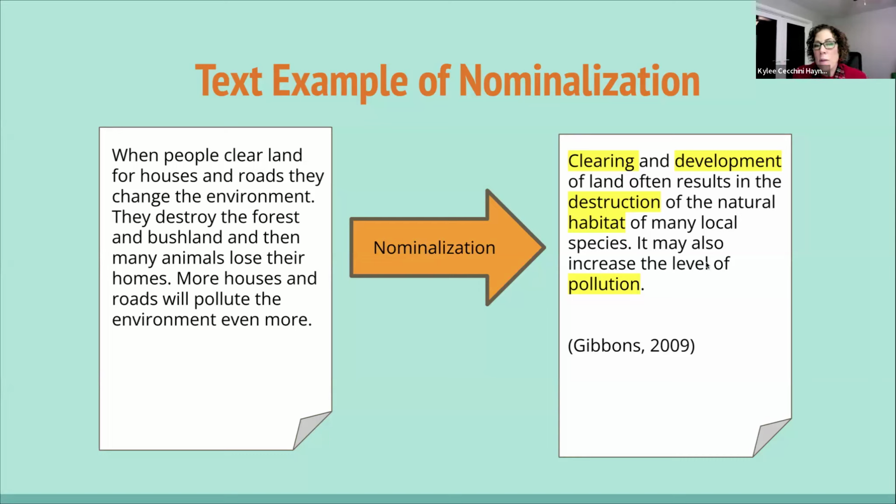Now we're looking at nominalization. Clearing and development of land often results in the destruction of the natural habitat of many local species. It may also increase the level of pollution. Okay, we've said the same thing, but more concisely, through nominalization, and kids can struggle with this.